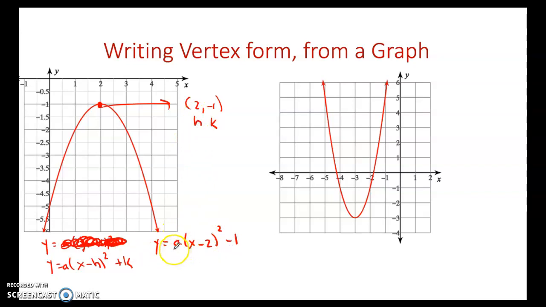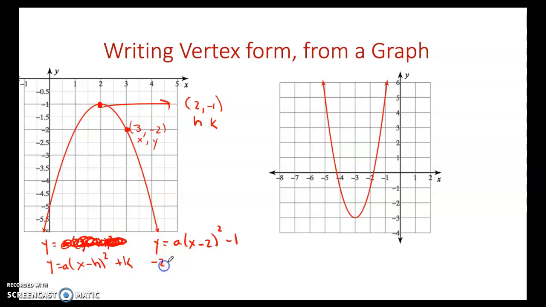In order to find our a, we need to substitute a point on the graph with x and y. Find one nice point, like this looks like a nice point right here, and this point is 3, -2, and this is my x and this is my y. So any point on the parabola will be your x and y.